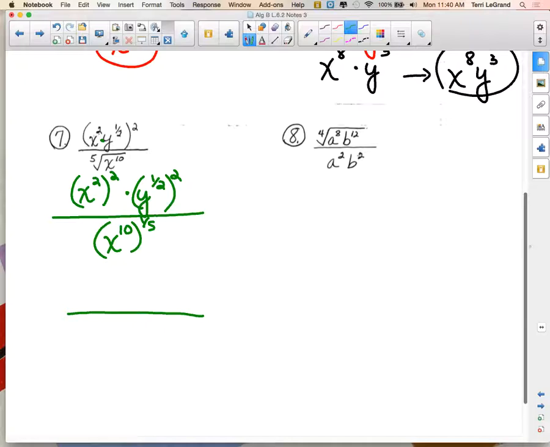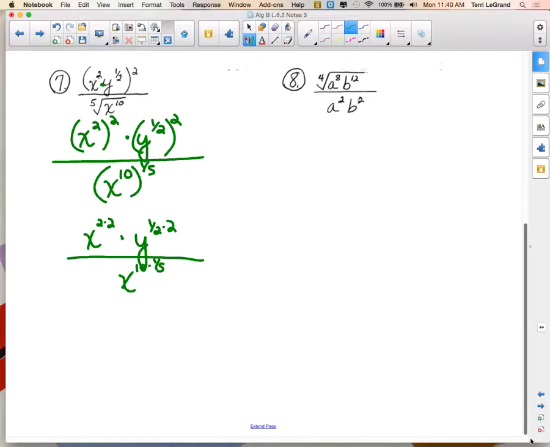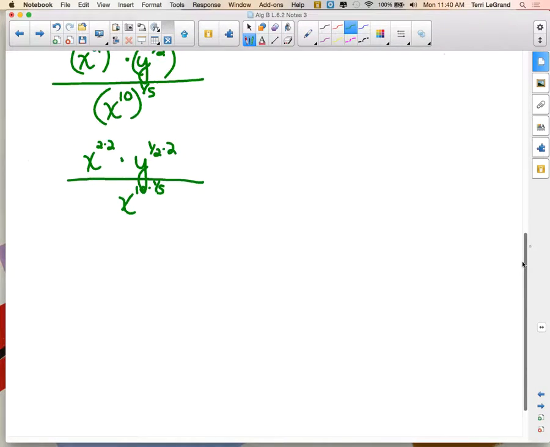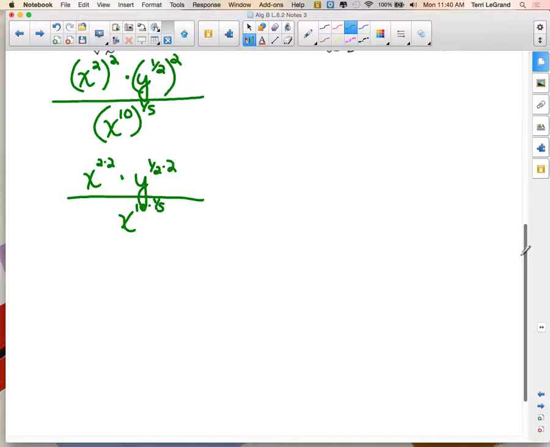We still have a fraction going on here. We have x to the 2 times 2 power, and y to the 1/2 times 2 power, and downstairs we have x to the 10 times 1/5 power. Okay, so we applied the property of a power to a power: we multiply the exponents.